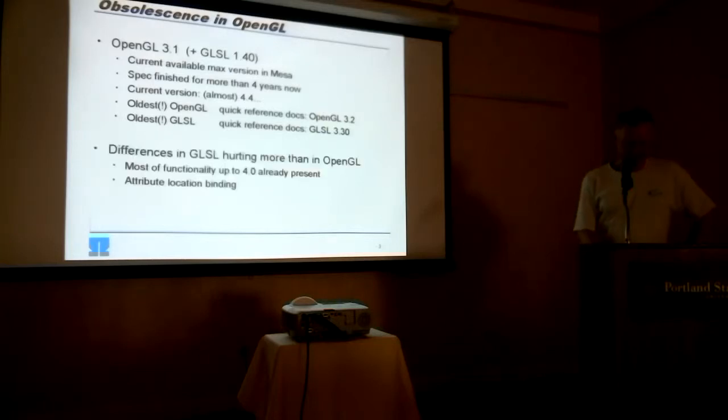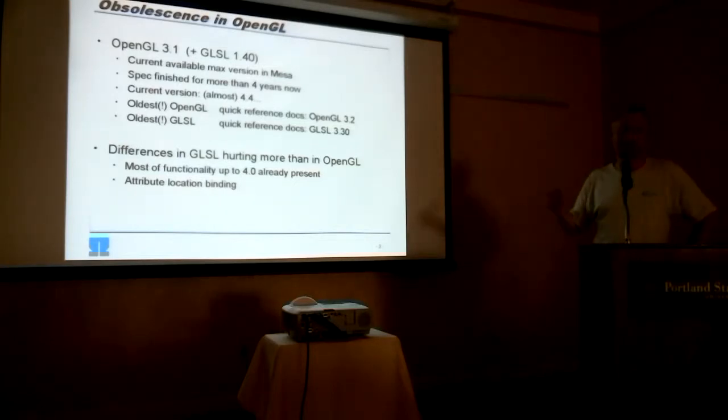And also, I'll come to that. The difference in GLSL is actually hurting us much more than the one in OpenGL, because most of the functionality up to about 4.0 is actually present in OpenGL, but we can't compile any GLSL programs.